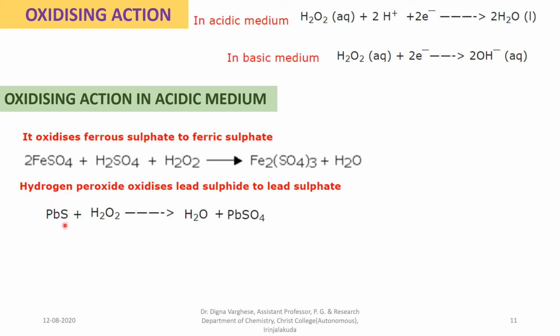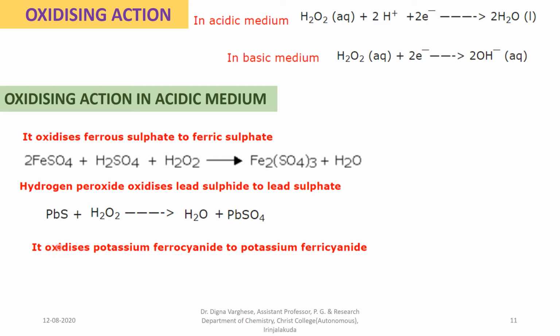This reaction forms the basis of restoring the white color of lead paintings that have blackened due to the formation of lead sulfide as a result of hydrogen sulfide present in air. On treatment with hydrogen peroxide, the lead sulfide gets oxidized to white lead sulfate and thereby the white color gets restored.